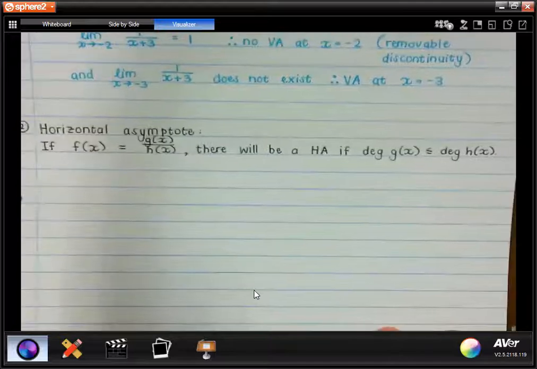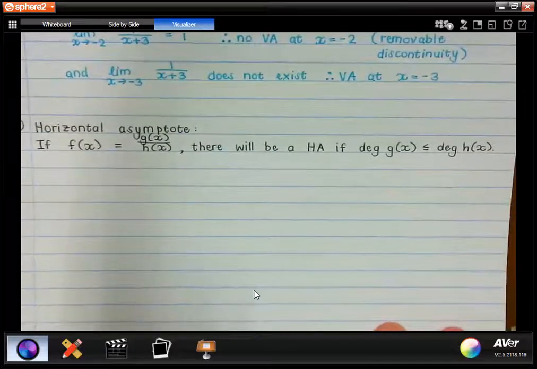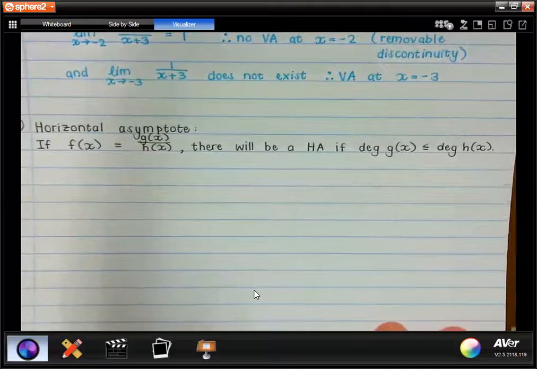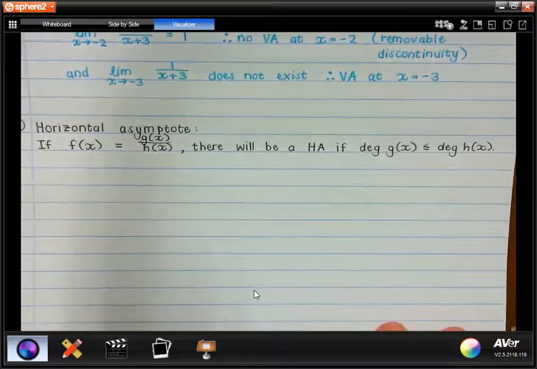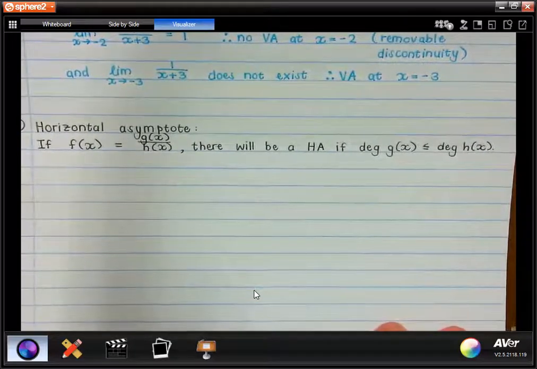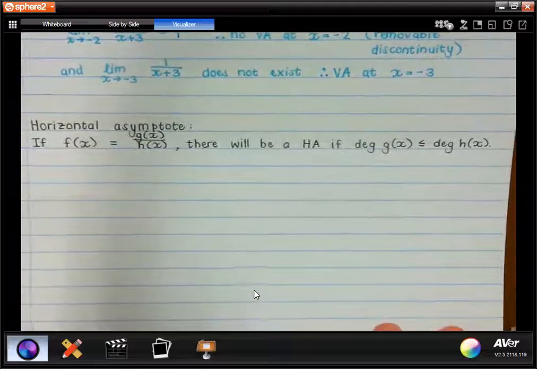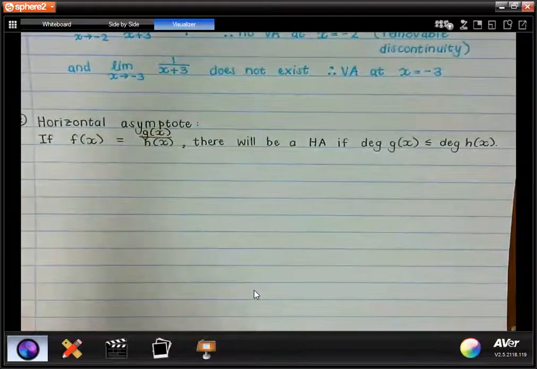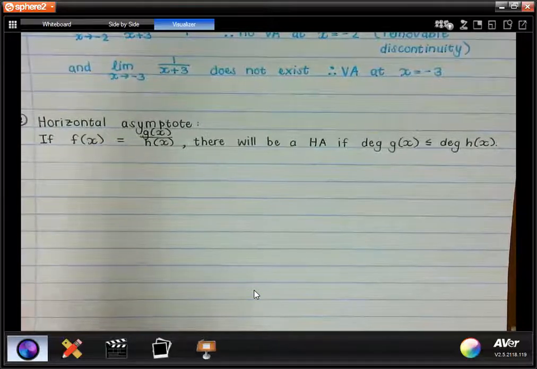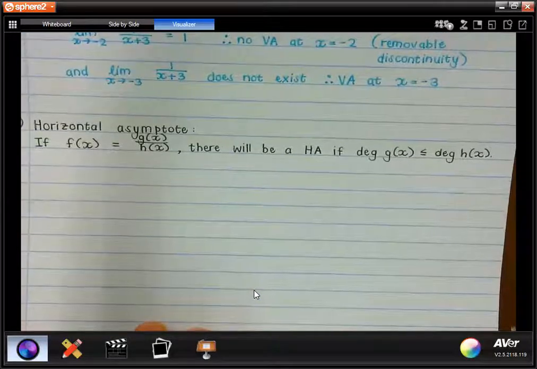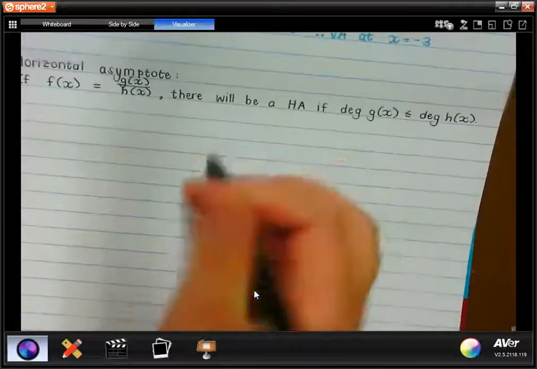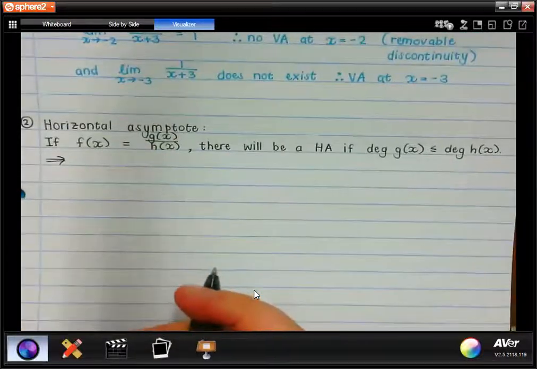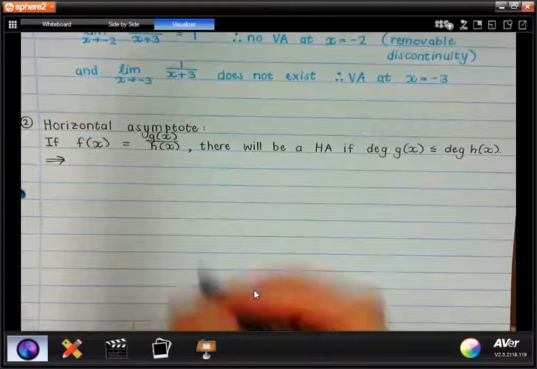So now, guys, for horizontal asymptote, if you're looking at your function and you're seeing, okay, the degree of the numerator is smaller than or equal to the degree of the denominator, so I know there has to be a horizontal asymptote, not an oblique one. Then there are two methods in which you can find that horizontal asymptote. So the first method is, let me just get back to my note here. Now we're going to work with limits again, which you might be happy about, you might not, I'm not sure.